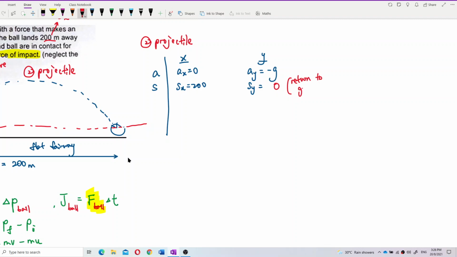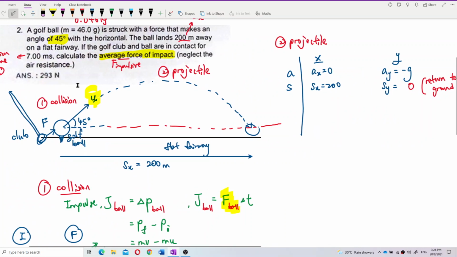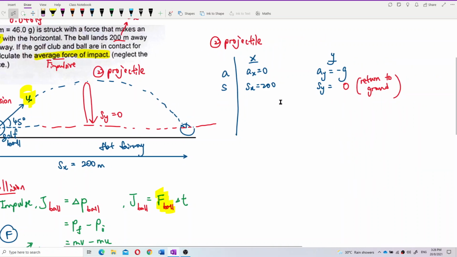For the y component, it's just like you go up and then go back down to the same level. So the Sy here is 0. The ball goes up and then goes back down, so Sy is 0. It returned to the ground level, the same level. So Sy is 0. Remember that.